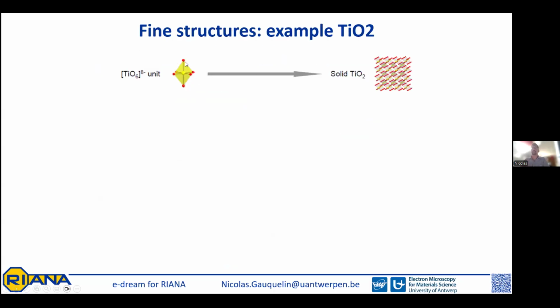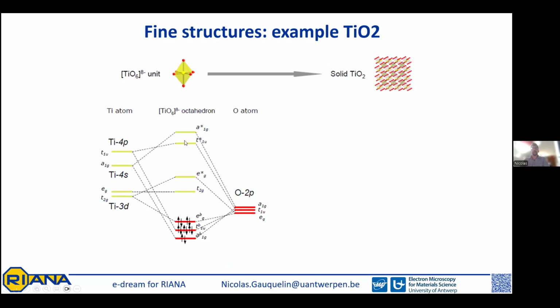One example is TiO2. Here you see we have the simple unit of titanium oxygen octahedra in our solid TiO2. If you do the molecular orbital diagram of this octahedron, you will get the following energy levels.